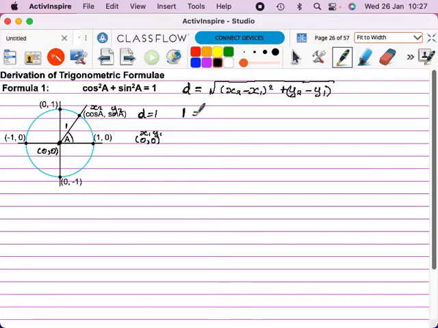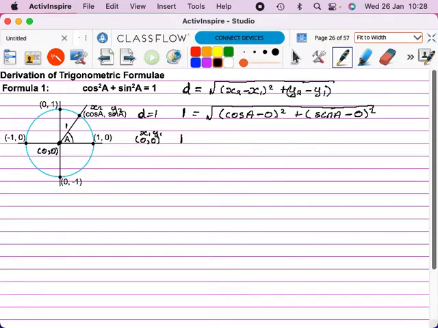So 1 is equal to the square root of open bracket x2, read from your diagram, is cos A minus 0, all to be squared, plus open bracket y2 is sine A minus, well, y1 is equal to 0, all to be squared.